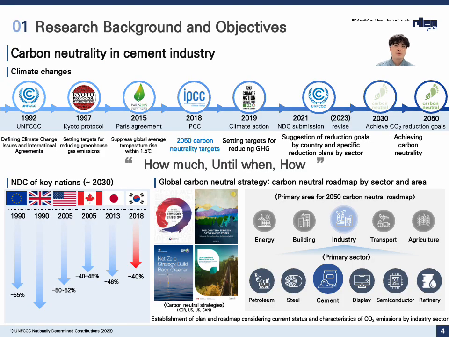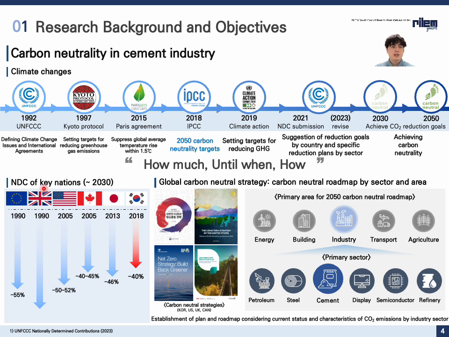Research background. Our research begins by addressing the urgent global goal of carbon neutrality by 2050. This stems from decades of climate action, starting with the UNFCCC in 1992, followed by key milestones like the Kyoto Protocol and the Paris Agreement, and recent national updates in 2021 and 2023.